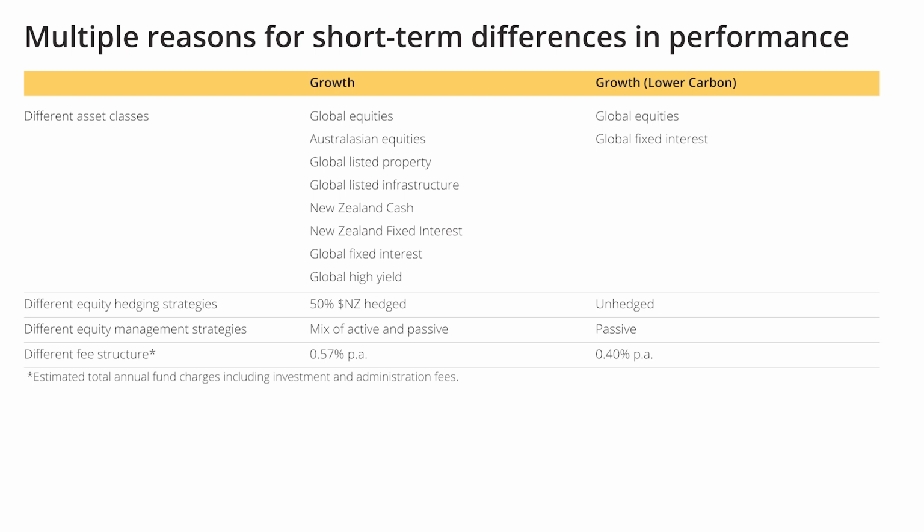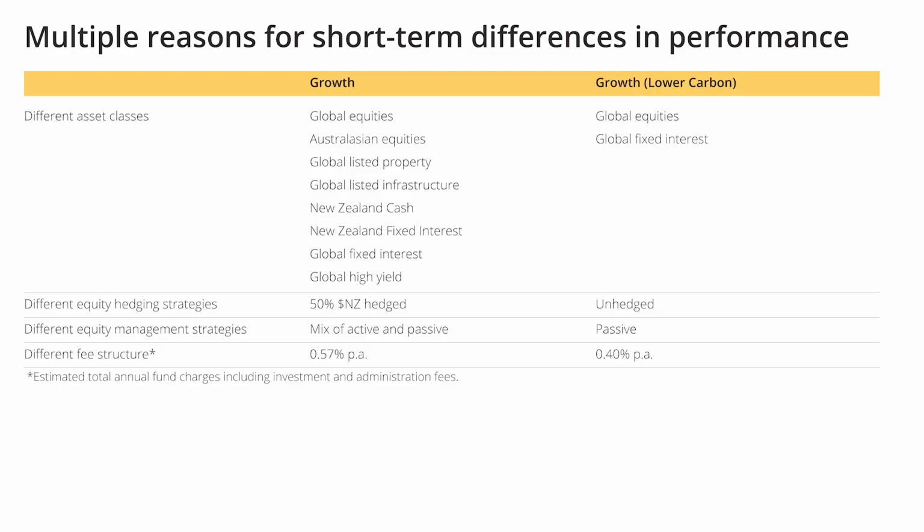That would mean that we enter into forward positions to lock in what the exchange rate's going to do. Now, that can be a mixed blessing. Sometimes the exchange rate moves in your favour, and sometimes it moves against you. But we get rid of half of that risk for the equity component in the conventional growth fund. With the growth lower carbon, there isn't any hedging going on with the equity component. Again, that could work better, could work worse, depending on which way the exchange rate moves.